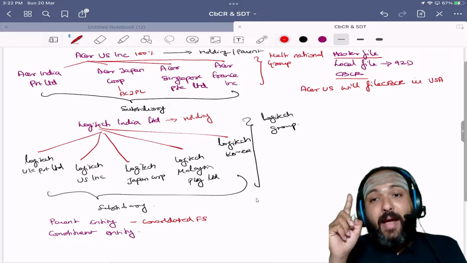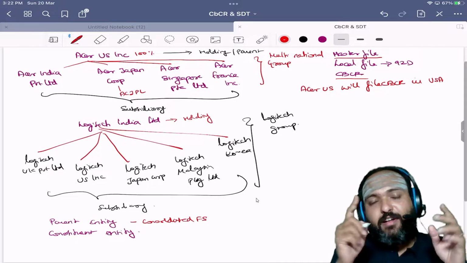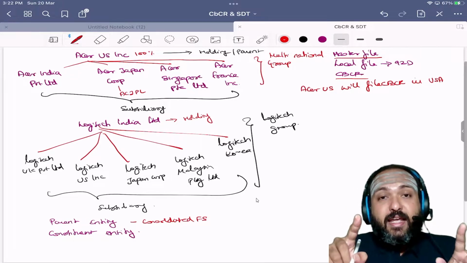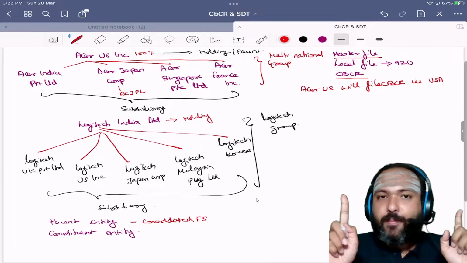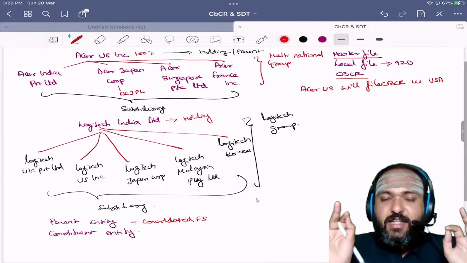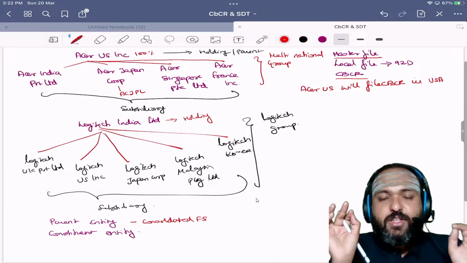So the parent entity will file CBCR in the country in which it is a resident.